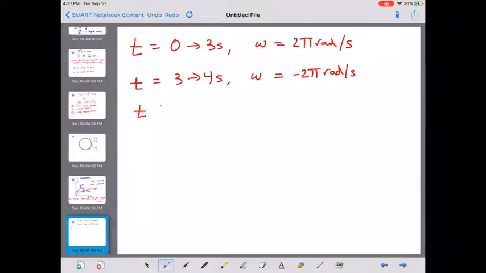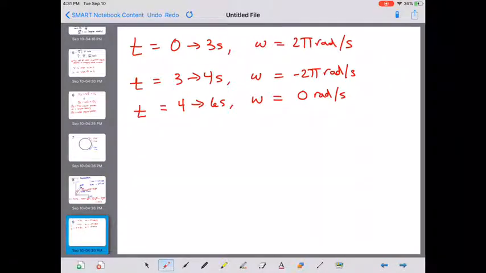And then t equal to 4 to 6 seconds, I had an angular velocity of 0 radians per second. So from this information, I can make an angular velocity versus time graph. So let's go ahead and do that.